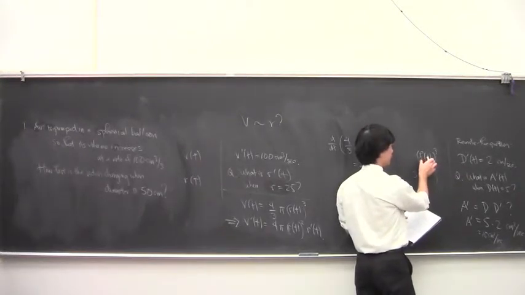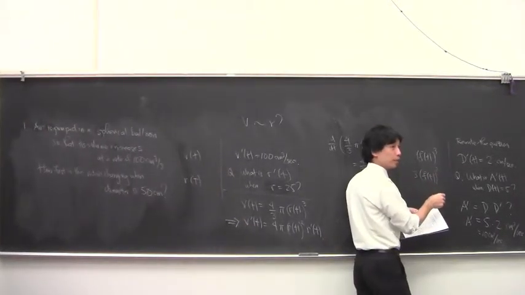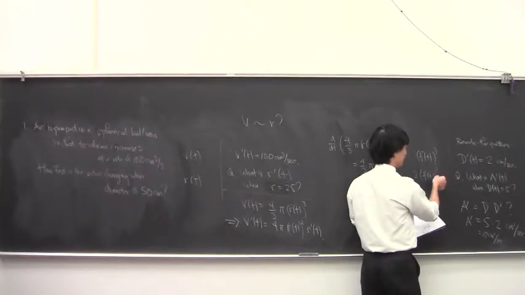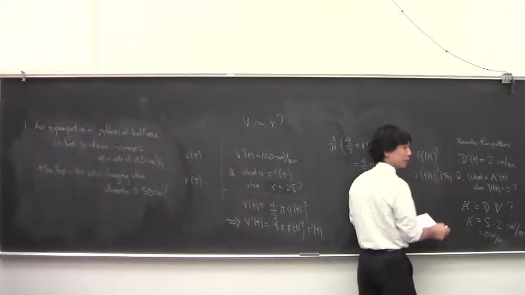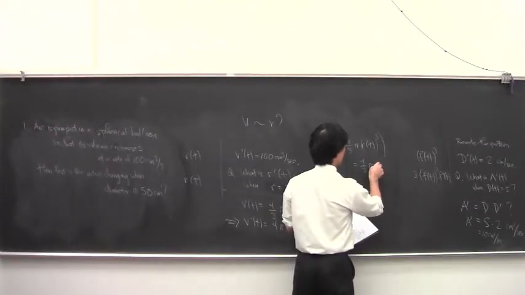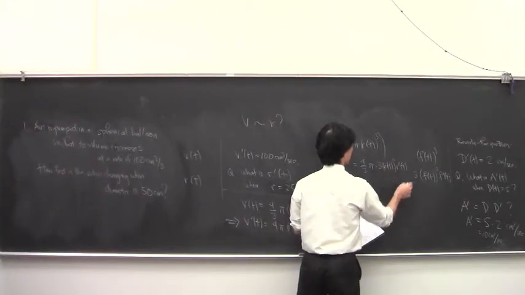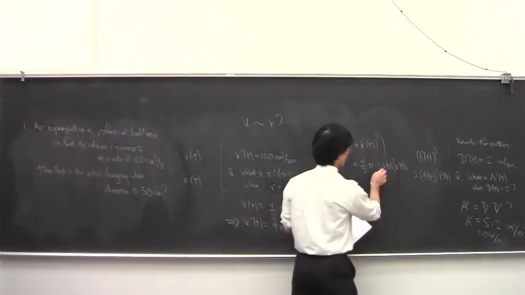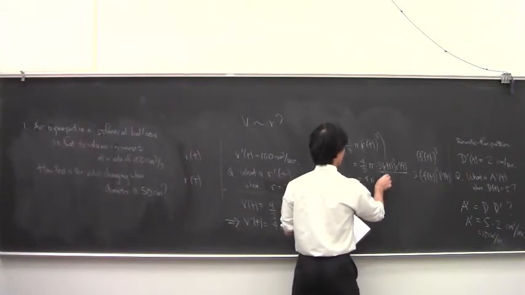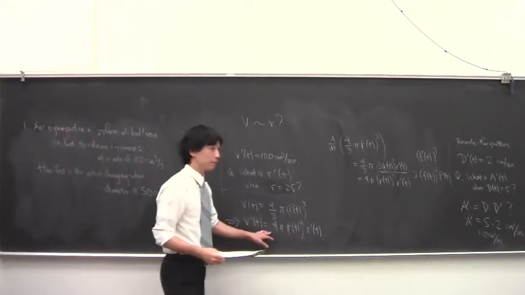We're using the chain rule: you differentiate the outside, evaluate it at the inside, then multiply by the derivative of the inside. So you get 3r squared r prime, so it becomes 4 pi r squared r prime. Okay, so that's what we have here.